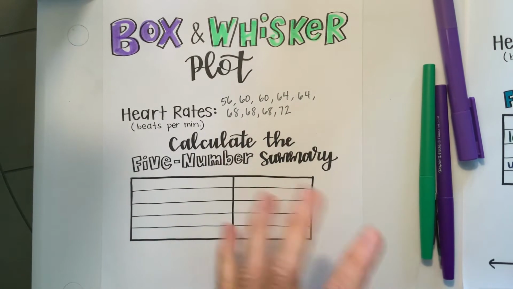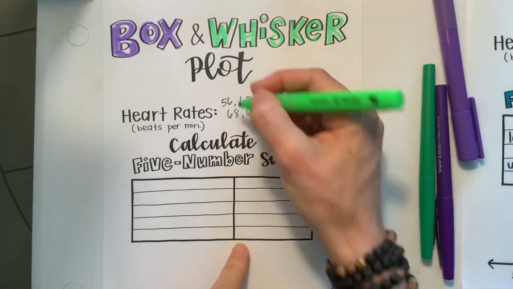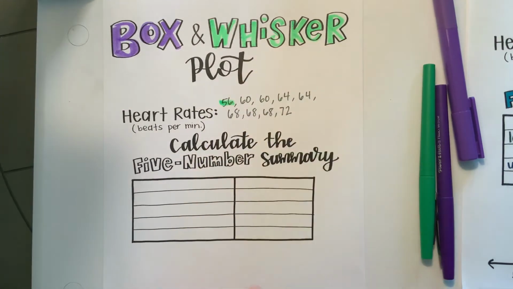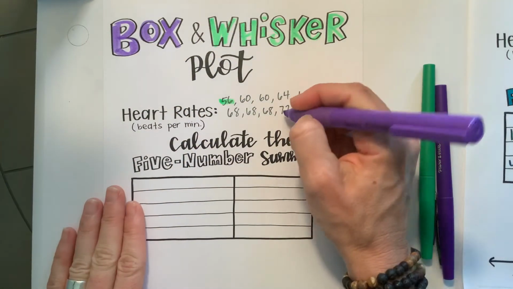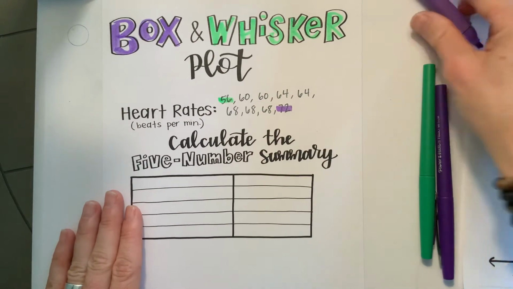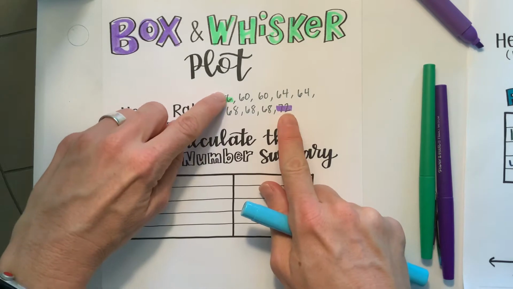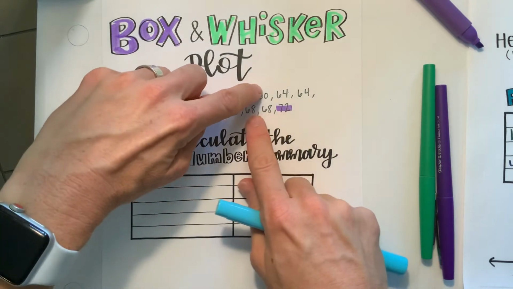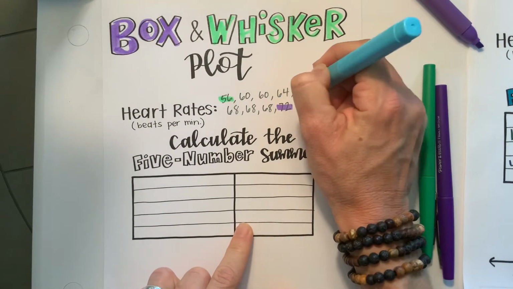So let's say that were our data set. We could say that our minimum is the 56 because we already have it in order. Our maximum is 72. And then our median value is going to be the middle one.